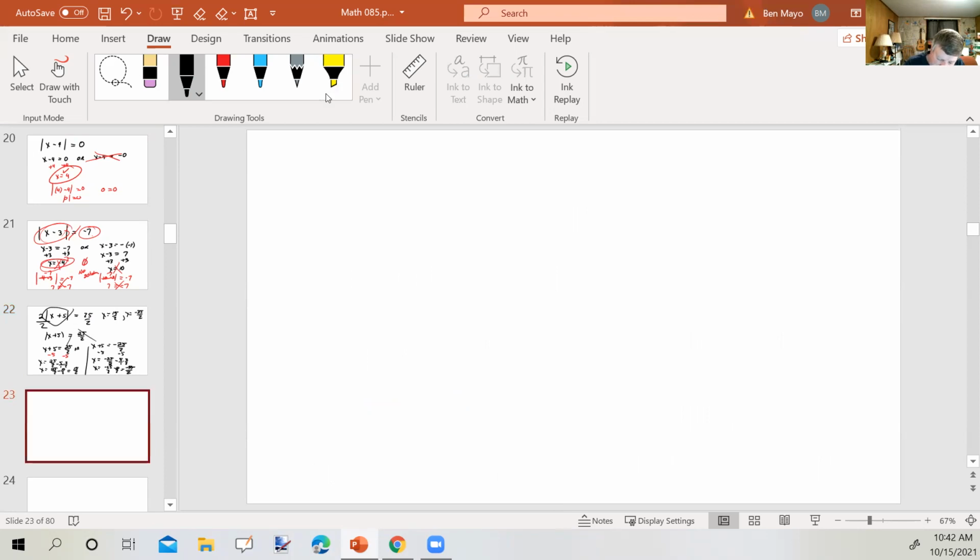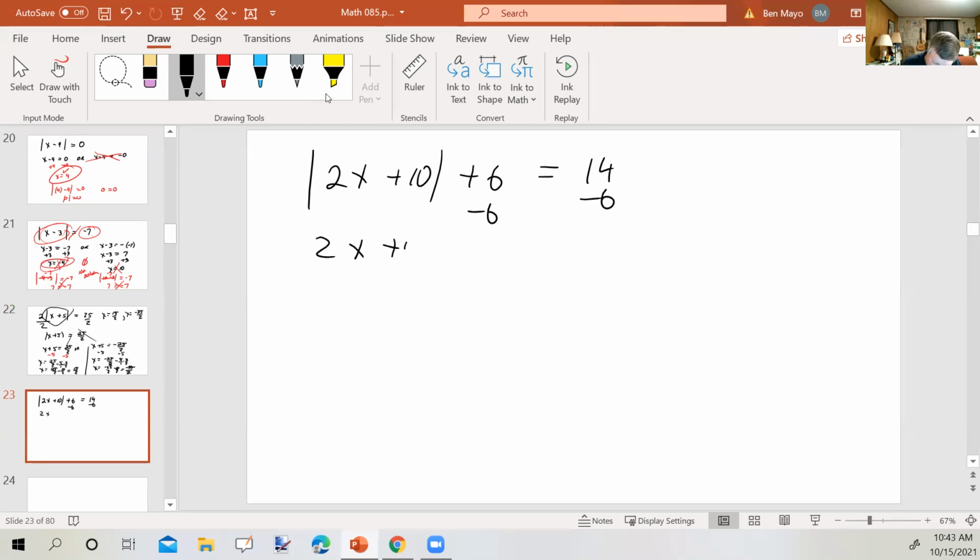Okay, let's look at another example of that. Let's say we've got the absolute value of 2x plus 10, plus 6 equals 14. So your first move is going to be to isolate the absolute value. So we'll subtract 6 from both sides. Then we get what? The absolute value of 2x plus 10 equals 8.